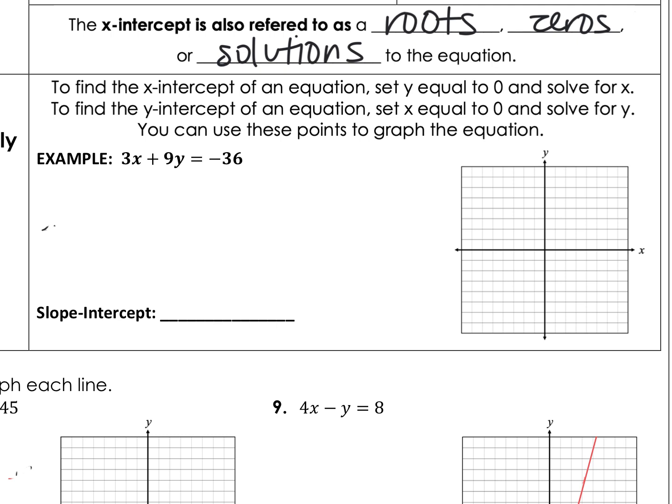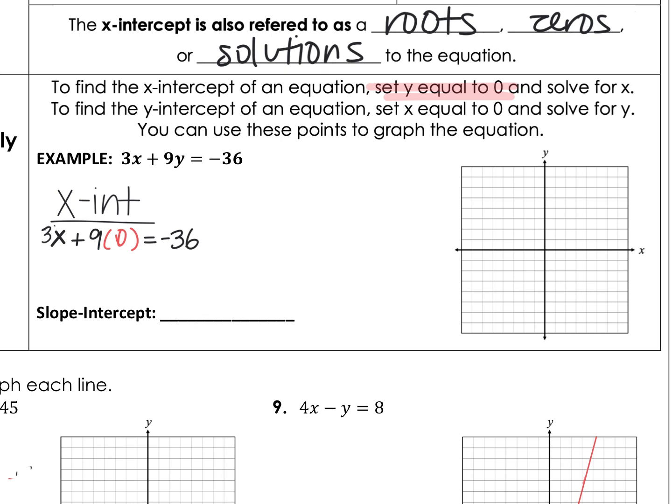Okay, to find the x-intercept, you set y equal to 0. Because, as you see up there, (-3, 0). So if I'm trying to find x, then I plug in 0 for the other one. So it's 3x plus 9 times y, sorry, 0, I don't know what I'm doing, equals negative 36.